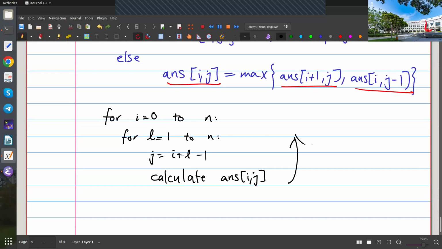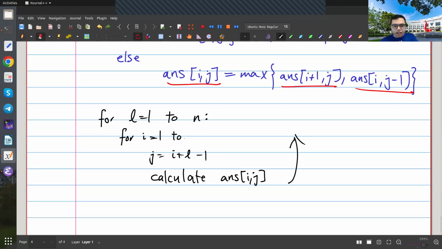And also you could put the lengths first. So you can also do something like this. You can say for every length from 1 to n, and then for every starting point I, let's say our indices are starting from 1, I have to say that I plus the length minus 1 is less than or equal to n.